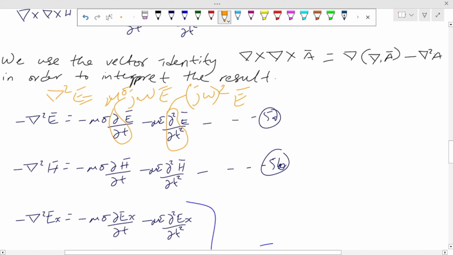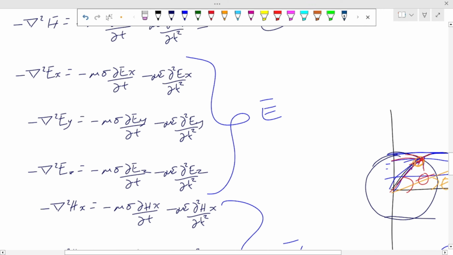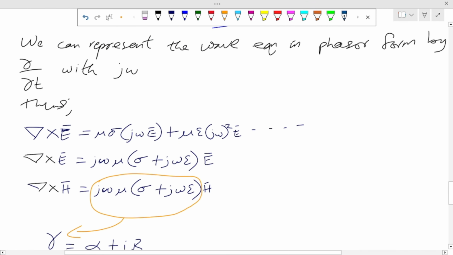All right, already I've told you that the minus signs cancel out, so this is what you will have, which is exactly what we have right here. Now, of course, you can just factor out what's common. We have permeability here, we have j omega, we have j omega.